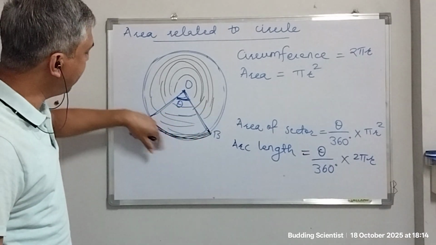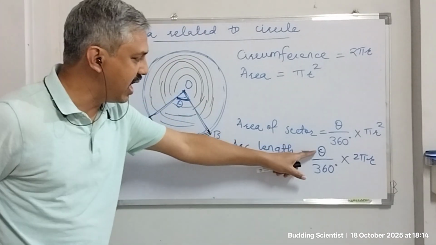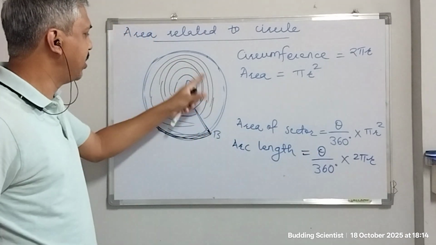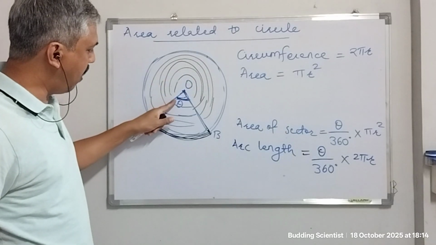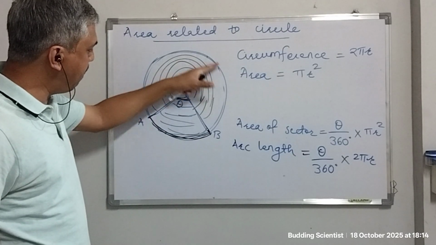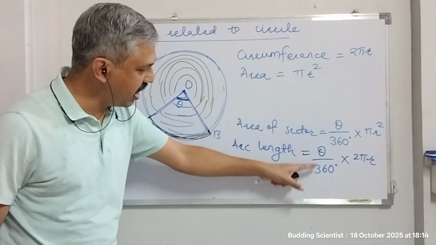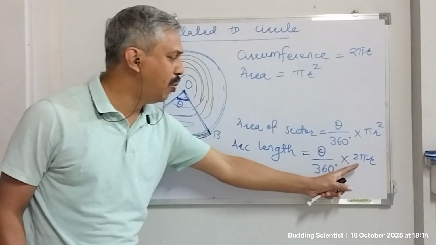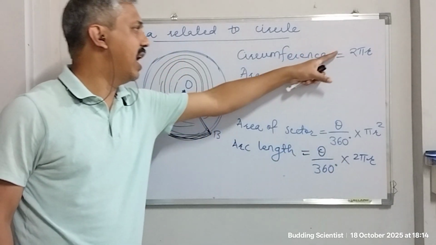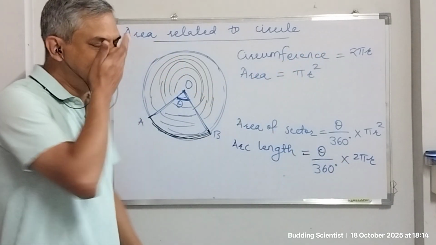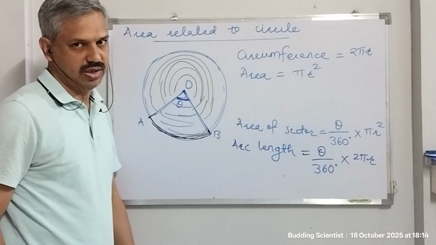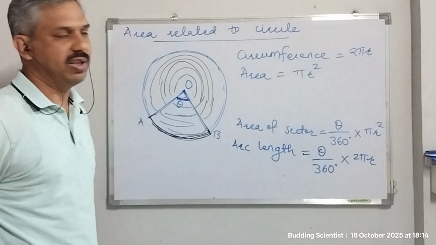The total arc length would have been 2 pi r if this entire angle theta was 360 degree. If you started from A and you covered back to A, the entire angle will be 360 degree. So 360 upon 360 is 1 into 2 pi r is the entire circumference. If theta is 180 degree, then it is half of the circumference, called semi-circumference.